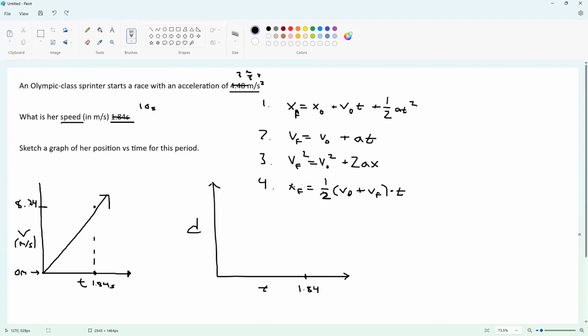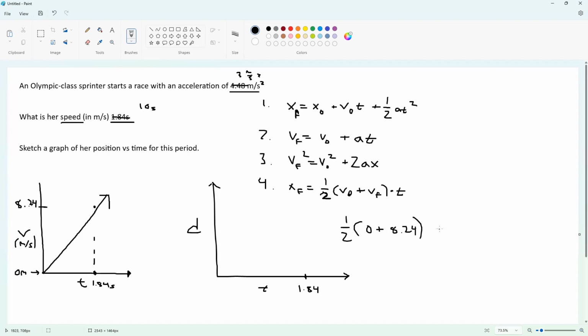So distance final is going to be equal to 1/2 the initial velocity. What's the initial velocity? 0. That's correct. What is the final velocity? Is it 8.24?